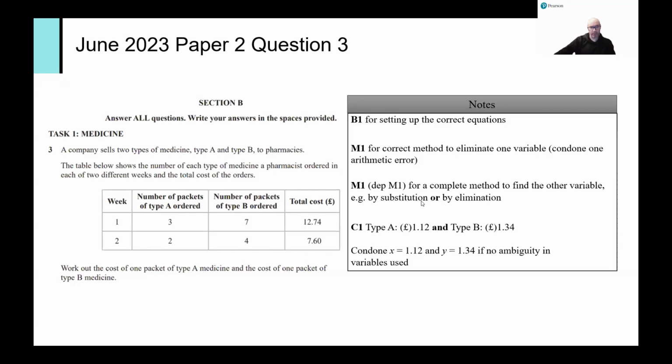So they got a mark for setting up the equations. They got a method mark for a correct method of elimination. The second method mark was dependent on the first one, so that was for a complete method to find the other variable. And then the communication mark was for having both correct answers, the amount for type A and type B.